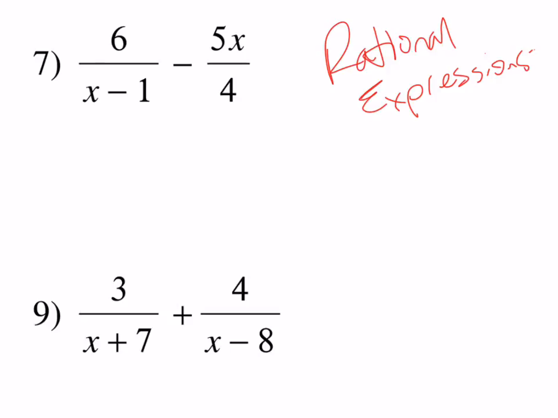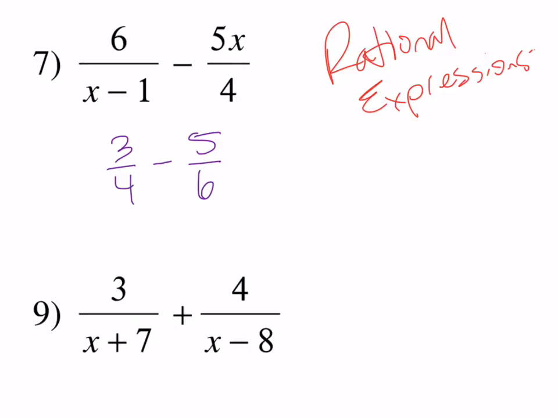Now, just to give you the idea, when we combine a rational expression, let's do something a little simpler. Like if I gave you 3 over 4 minus 5 over 6. Right? So those are two rational numbers, or again, fractions. When we combine fractions, we have to have a common denominator, right? And so the common denominator for 4 and 6 happens to be 12, okay?